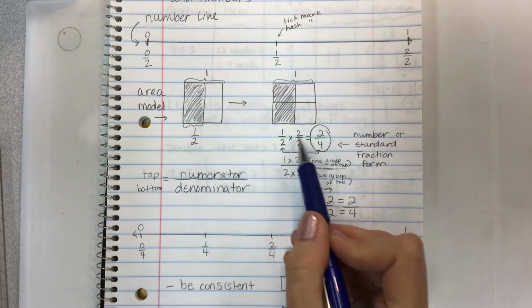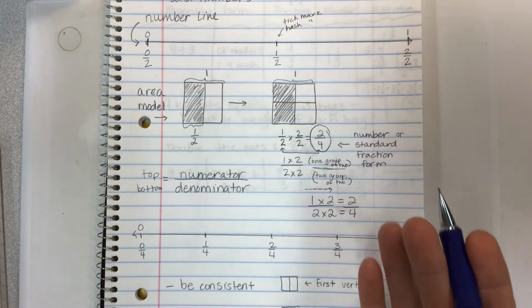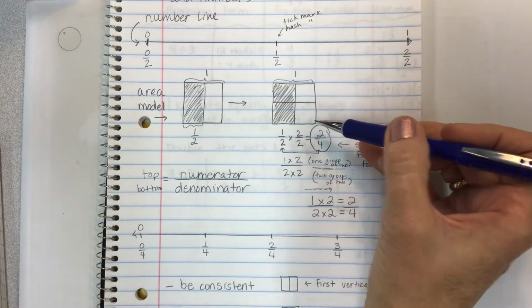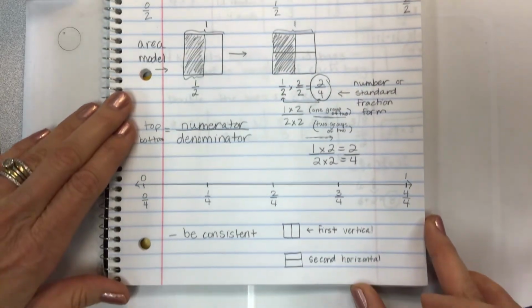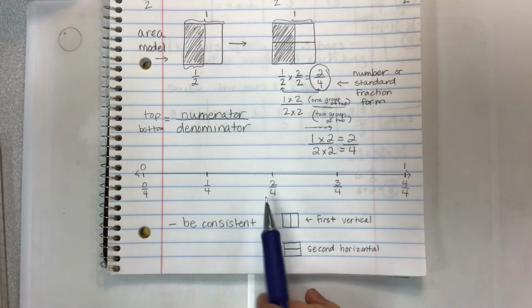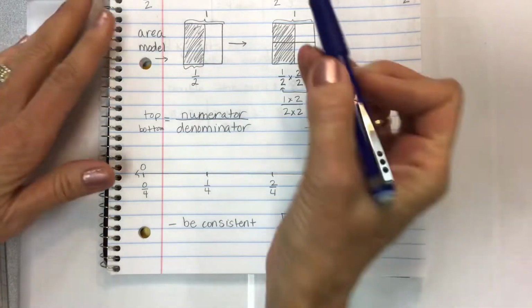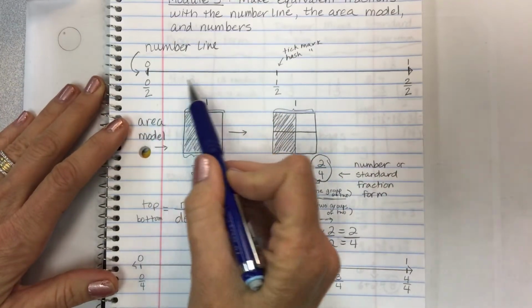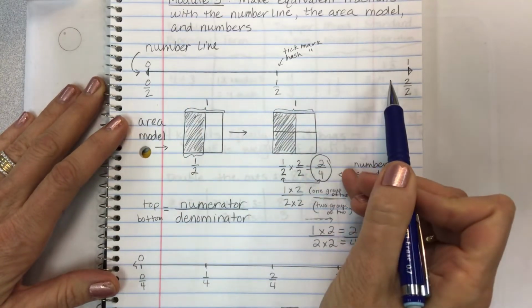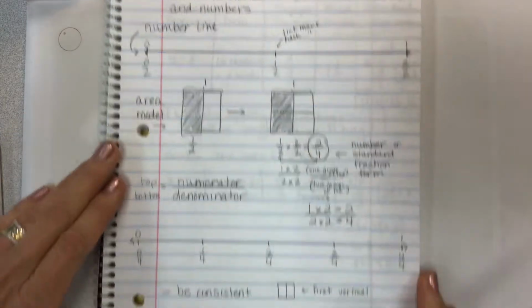Anyway, we will be creating sort of these multiplication problems as we create with our area models. That's coming. And we will also be looking at different sized sections. So in the top part, you can see that this is a big section because it's half, and then the whole is over here.